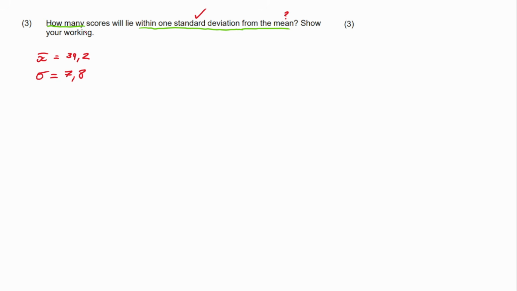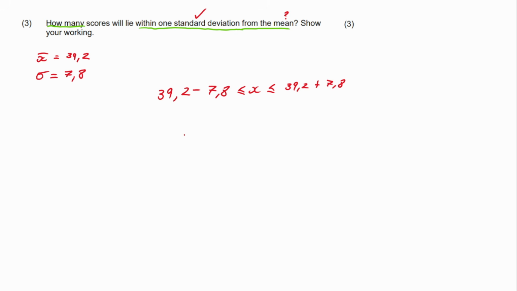So to determine how many scores lie within one standard deviation, we have to determine this range. What we do is we say the mean minus the standard deviation. Let me write it out. So the range is going to be 39,2 minus one standard deviation, up until x, and here we're going to say 39,2 plus 7,8.